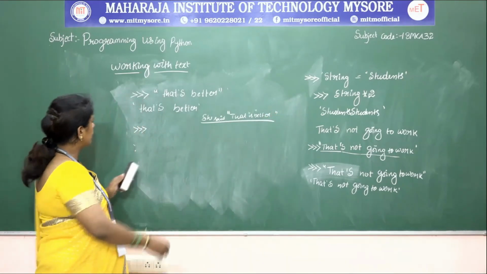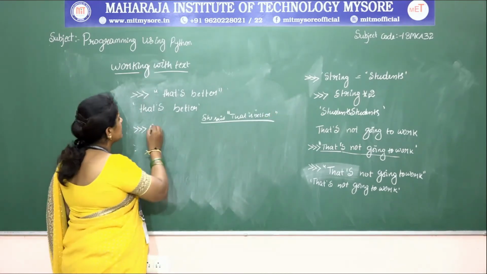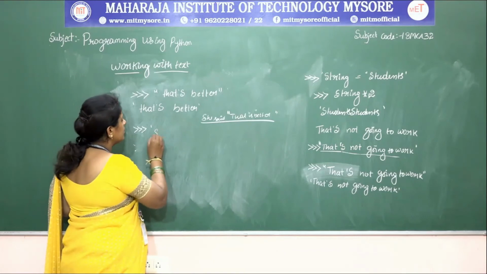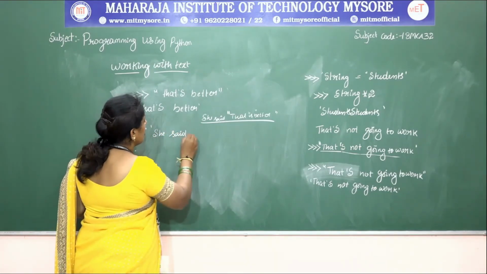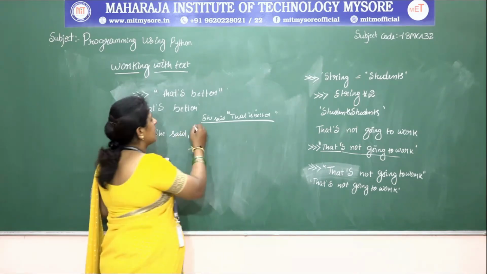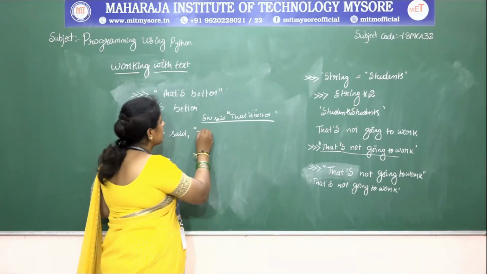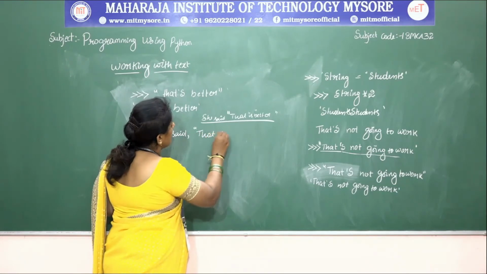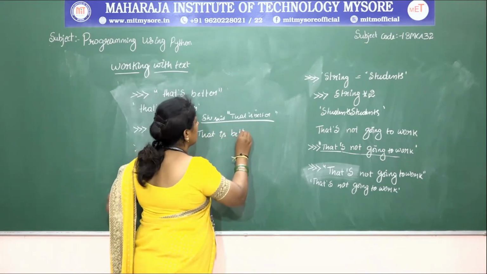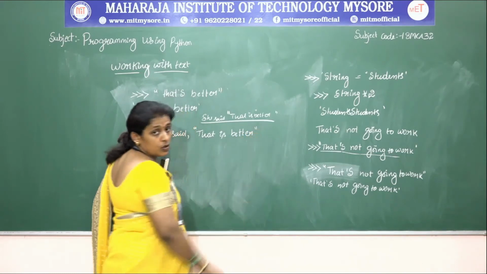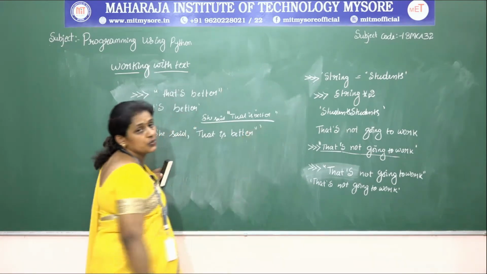To write like this, we need to go with a combination. We'll start with a single quote, she said. After this, I am going to use a double quote, that is better. I am closing the double quotes as well as the single quotes.